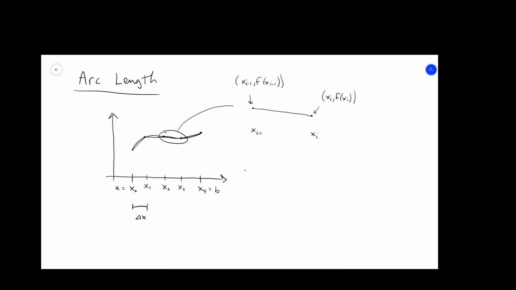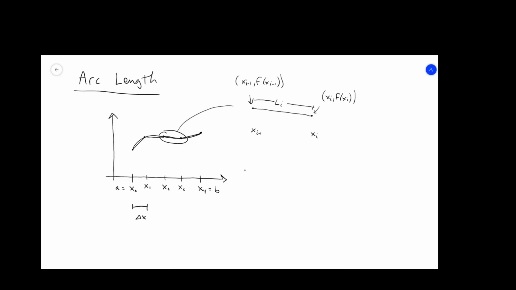Maybe I'll use different wording here. I want to find the distance between one of those points and the other one. That's really all I'm doing, finding the distance between one point and another. Using the word distance, maybe you think distance formula. That's what we're really after here. We can label the thing we're trying to figure out; we'll call it L sub i, the length of that little line segment.